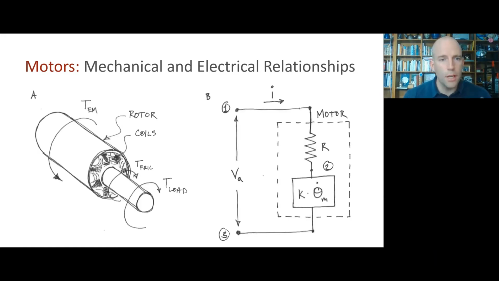Now, if you ever feel unsure about those equations, you could go look in the topic reading course, but you could also derive them for yourself. All you need is this free body diagram of the motor rotor and this circuit diagram of the motor, where we have this resistance and electromechanical voltage drop.